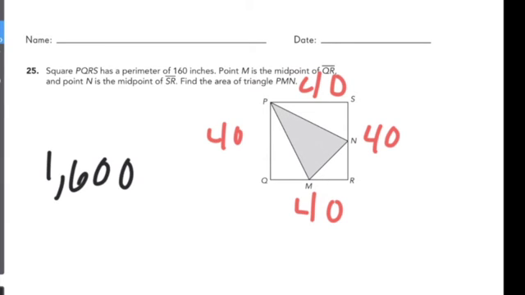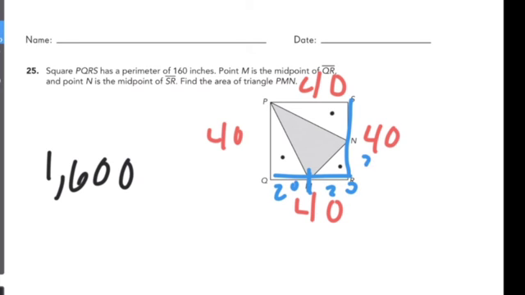So what we need to do is find out the triangle. It's probably pretty easy to figure out these 3 triangles here, and you just subtract them from there, and that'll give you the shaded figure. Well, to figure that out, there are a couple key points. M is the midpoint of QR, and N is the midpoint of SR. If that's the midpoint, I could divide by 2, and I get 20 and 20, 20 and 20.